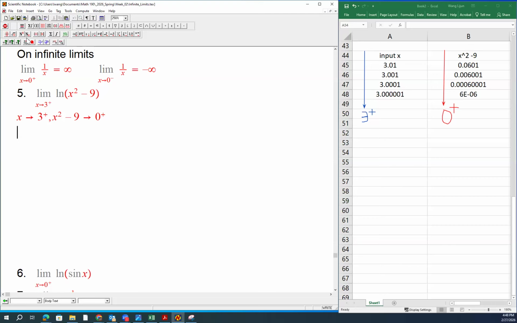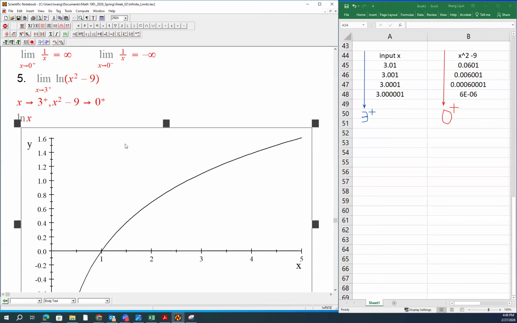Now I'm going to deal with the natural log, ln x. For those of you who may or may not be familiar with ln x, it is a function that has the following graph.